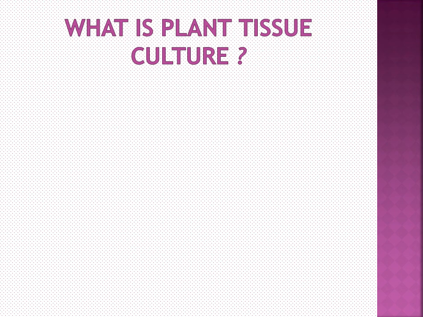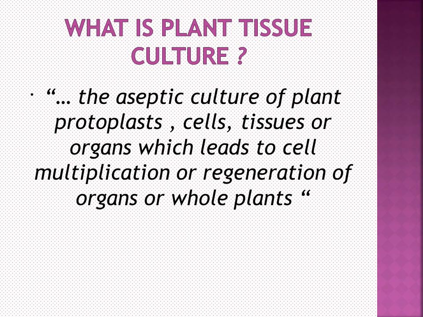What is plant tissue culture? The aseptic culture of plant protoplasts, cells, tissues, or organs which lead to cell multiplication or regeneration of organs or whole plants. So there are two key terms here. One, aseptic culture. Here we are doing in vitro culture, meaning we are culturing it in laboratory conditions.